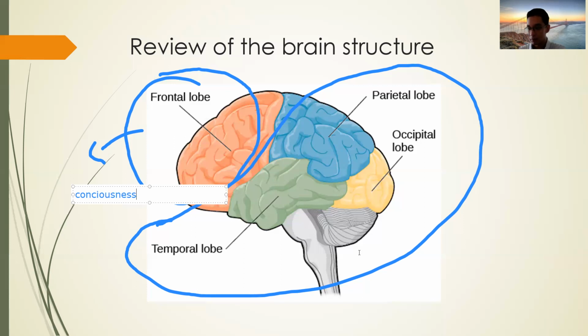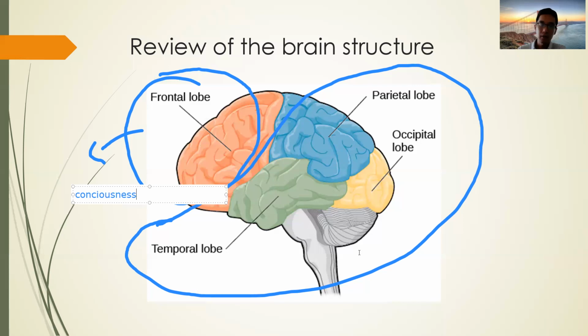If you play a video game or a sports game, you need to apply the rules, right? So the frontal lobe is working, and we are consciously aware of it. Or speech production: we know what we are talking about. That also happens in the frontal lobe.